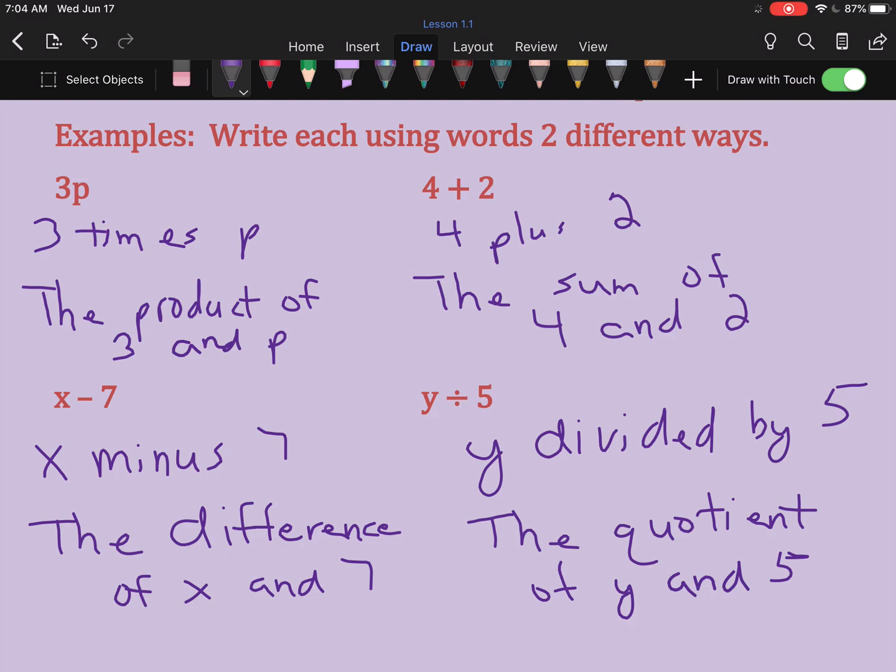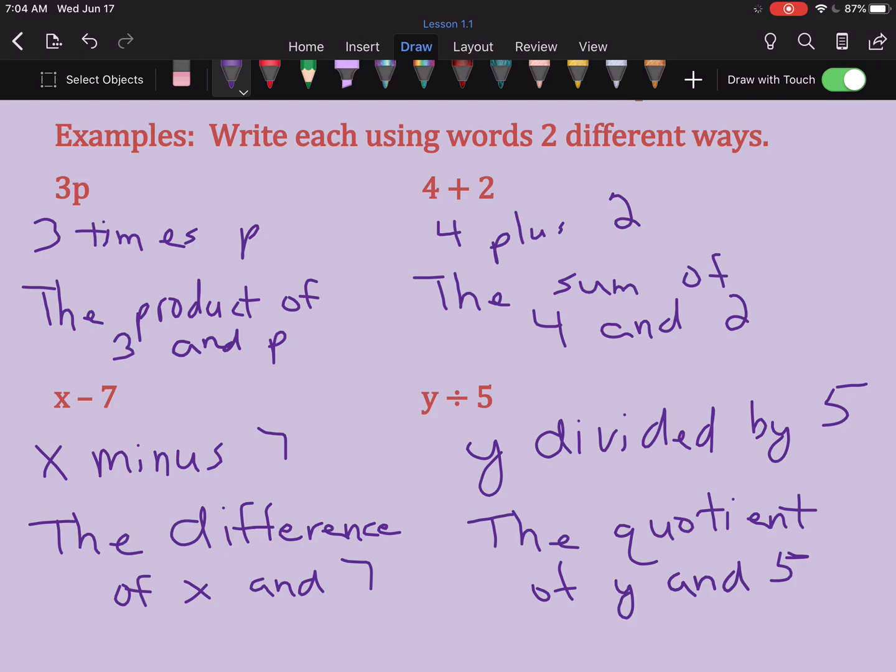You'll notice when I use the fancy words, product, sum, difference, and quotient, I leave the order of the numbers, letters, variables, all of it as it is. Don't go messing with things. There are different ways to write these.